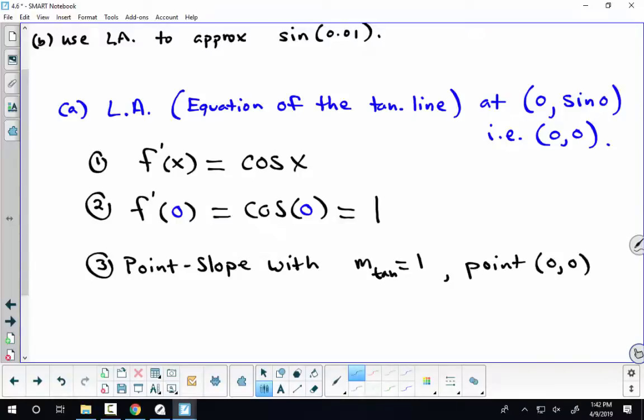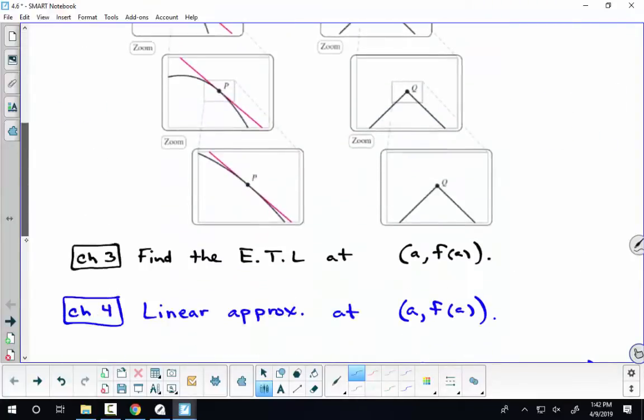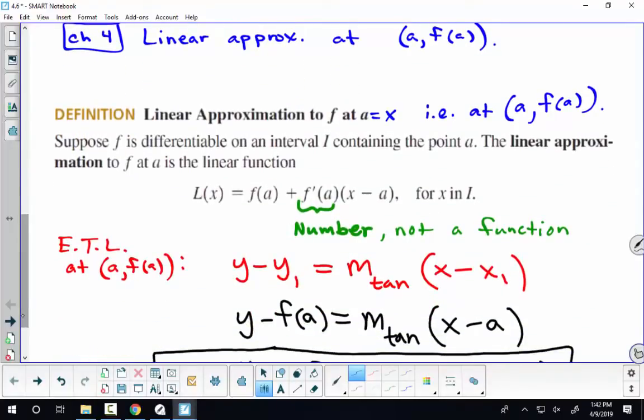So we could go through that process like we did on the previous page. If you just want to remember that the linear approximation, we just take the y coordinate, f of a, plus the slope of the tangent times x minus a, that's fine too. It's really just saving you the step of having to add or subtract the y coordinate to the other side of the equation.